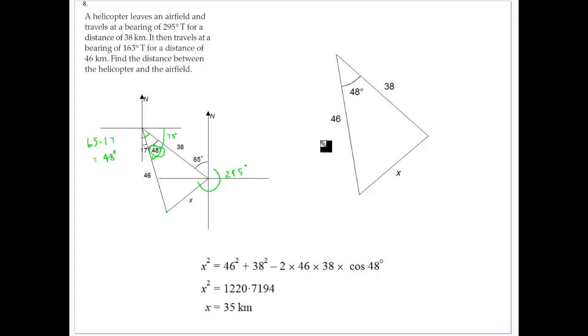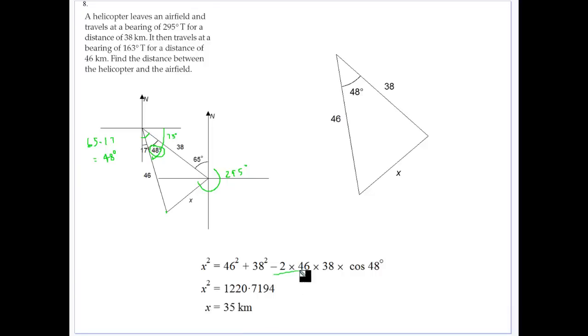So drawing our triangle up a little bit more neatly, we're able to see 46, 38, 48, and we want to find x. We know it's the cosine rule. So we apply the cosine rule: 46 squared plus 38 squared, minus 2 times 46 times 38 times the cos of 48.